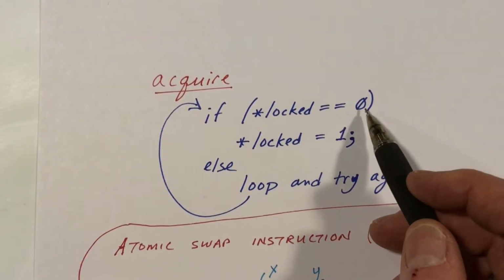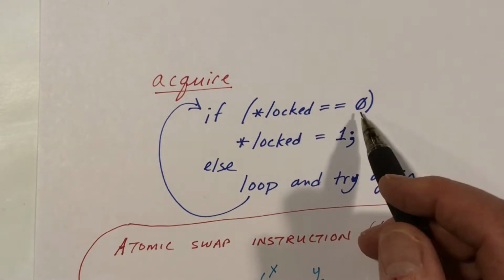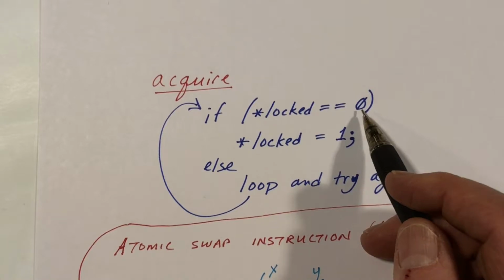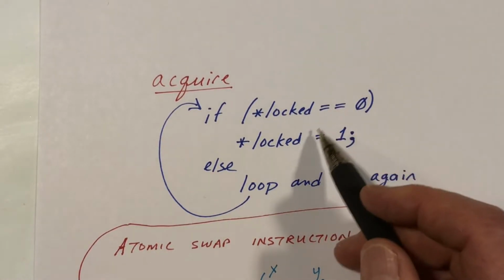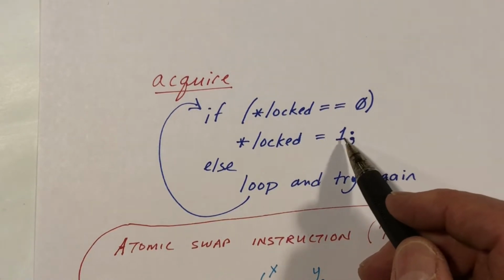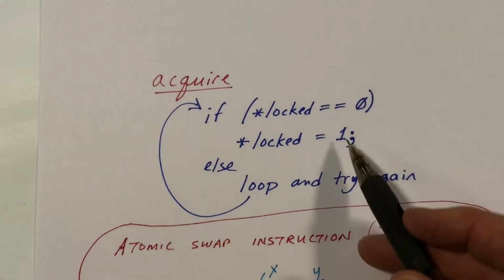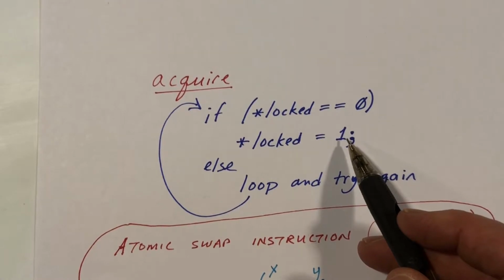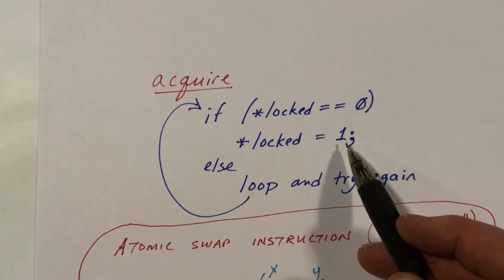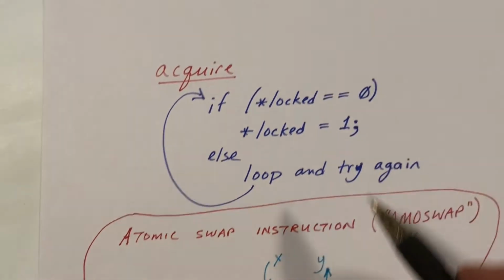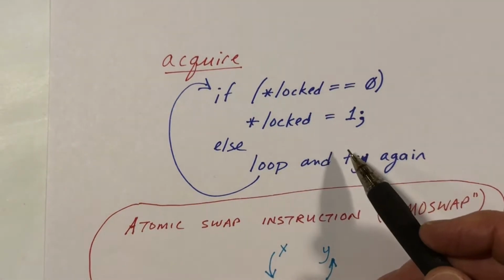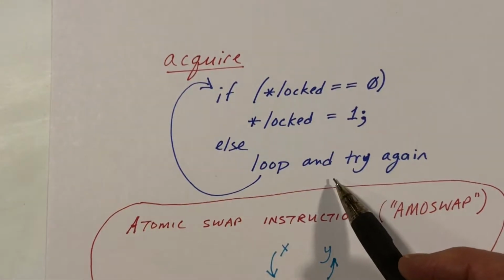And we could have two threads simultaneously check this field and just happen to find that the lock is unlocked, and then simultaneously both set the lock to 1, and so that's going to cause a problem because they both now think they are holding the lock. So we have to find another way to do it. This code will not work.